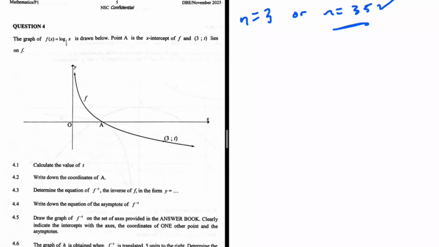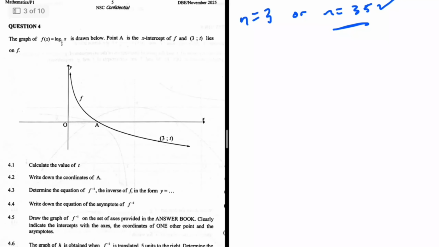Calculate the value of t. Let's take a look and see what is happening. So we have f of x equals log of x base 1 over 3, and then t is the y-coordinate of the point 3t. So how do we determine t? We're just supposed to substitute 3 in f of x, right?